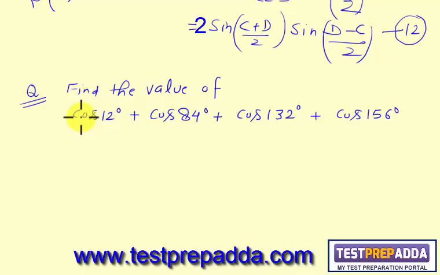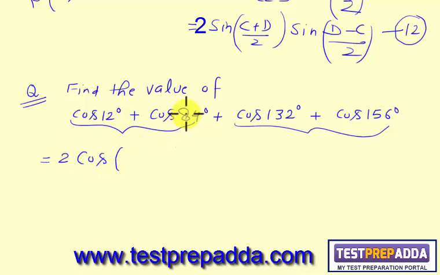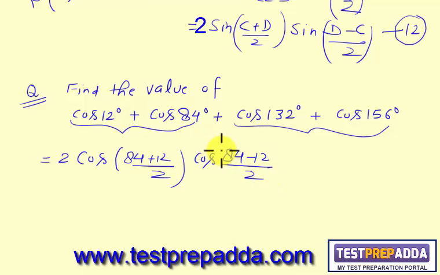We will transform sum into the product. I'll take these two and these two. You can see cos C plus cos D, and here also cos C plus cos D. So what will be the result? 2 cos, if I consider this as the first angle, so it will be (84 plus 12 by 2) into cos (84 minus 12 by 2).